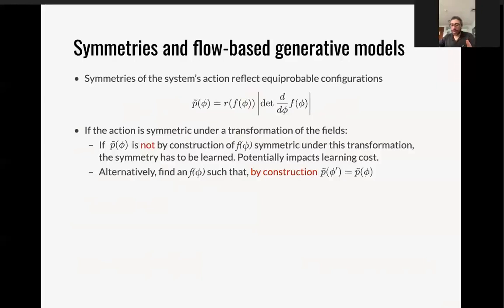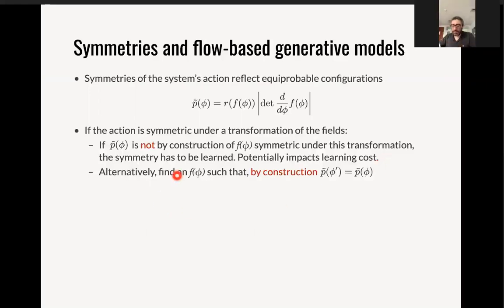So as you're approaching this p tilde phi being close to e to the minus S, the symmetry has to be learned. So the parameters of the neural network have to converge to a shape of this p tilde which is equally probable if you shift phi by a translation, in the example of the phi to the 4. So that potentially impacts how long it takes to train.